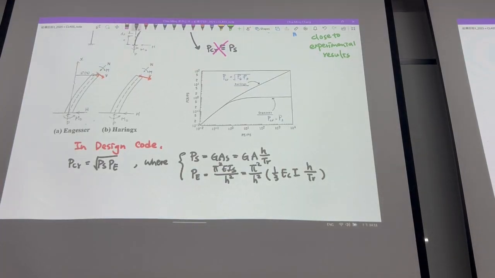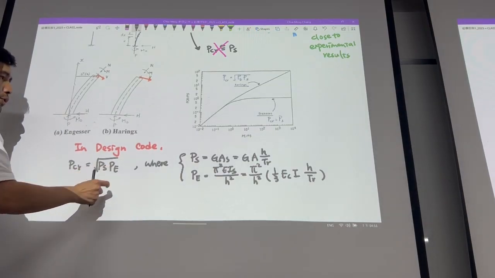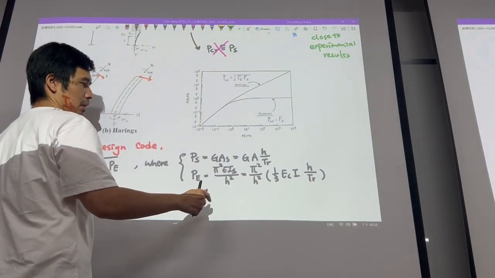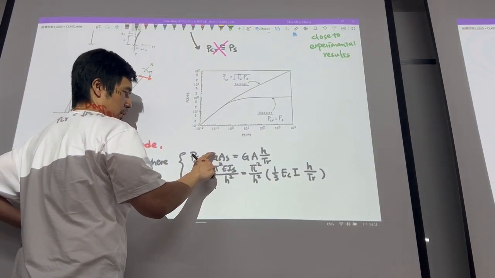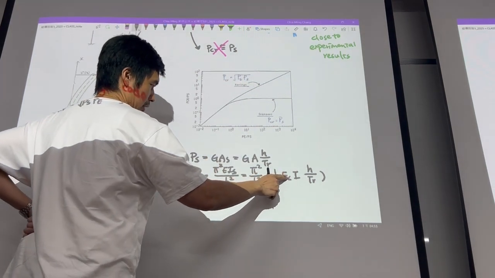Now, in order to simplify this equation, use the relationship between this one and this one.